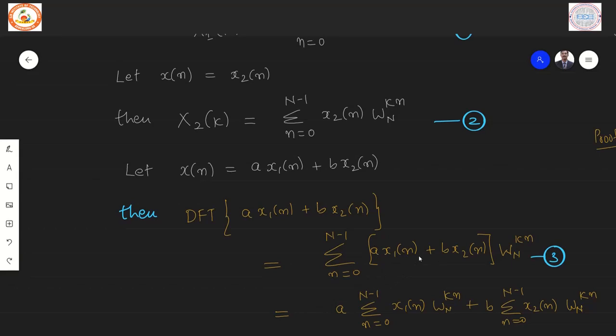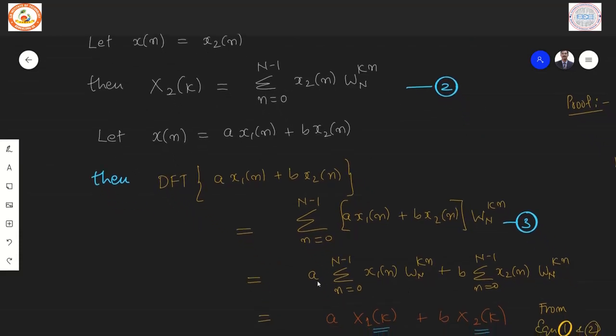The terms a and b are constants, so they can be taken out of the summation because they are independent of the value n. Therefore, the equation is now expressed as a times the summation n from 0 to N minus 1 of x1 of n times the twiddle factor W_N to the power of kn, plus b times the summation that represents the DFT of x2 of n.